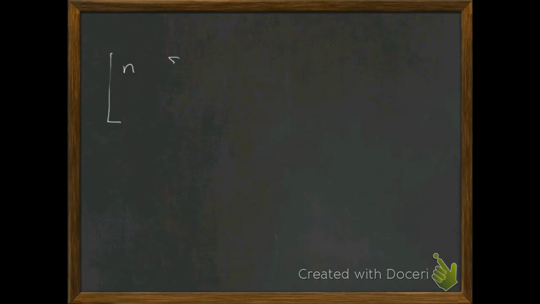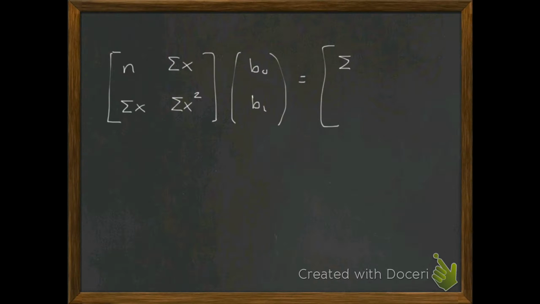Earlier in the video, we saw this. And I put this back up because it's a well-known fact that this matrix is the product of x transpose times x.